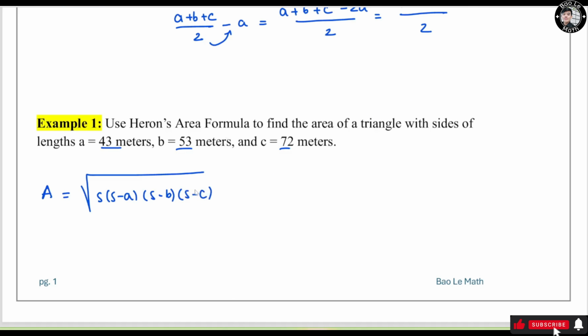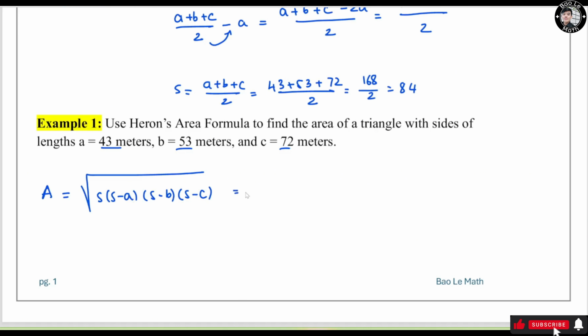We need to solve for s first. So s equals (a plus b plus c) divided by 2, which is (43 plus 53 plus 72) divided by 2, which is 168 divided by 2, which is 84.